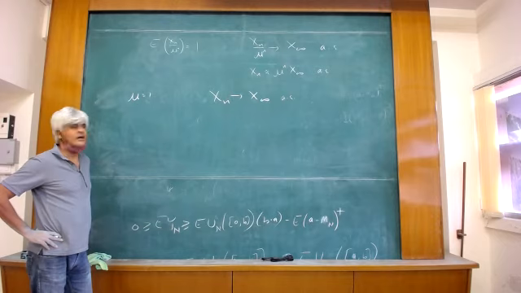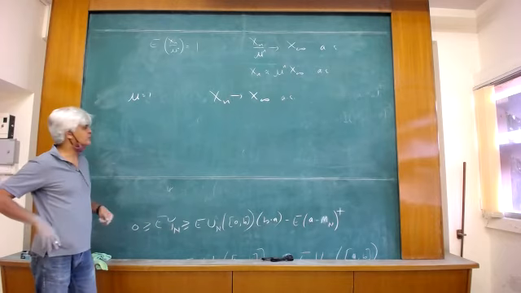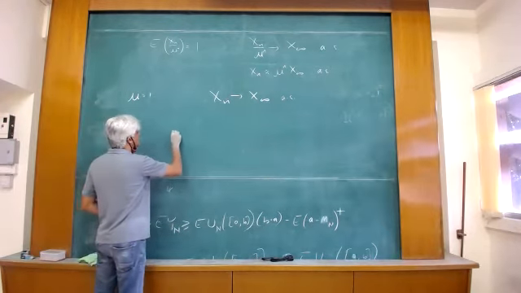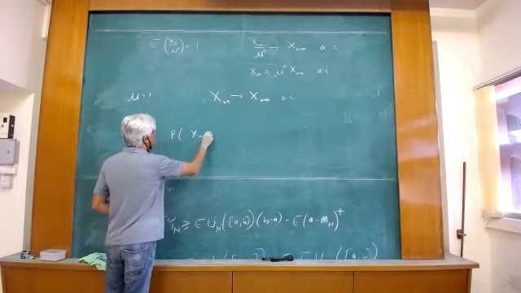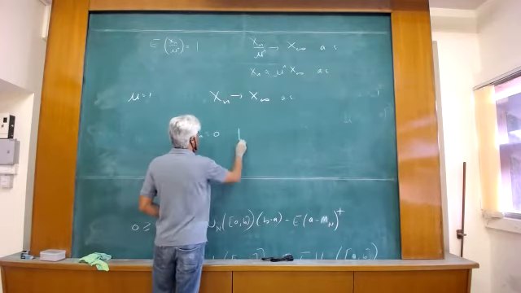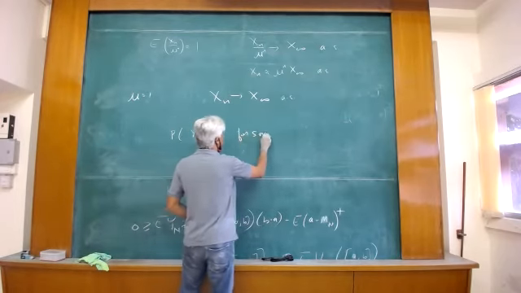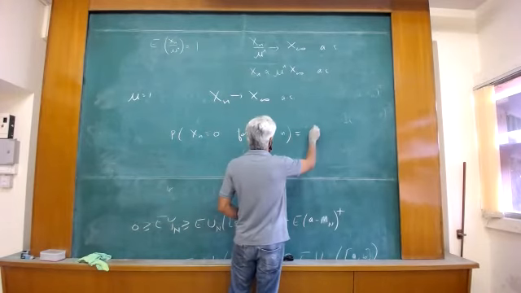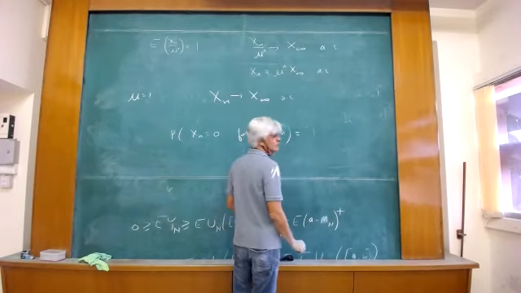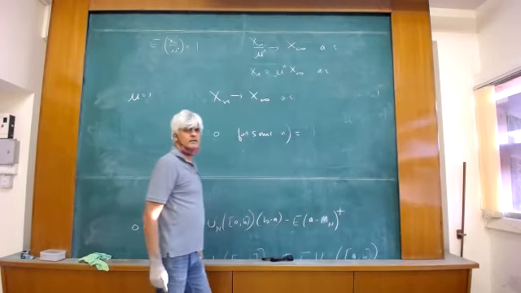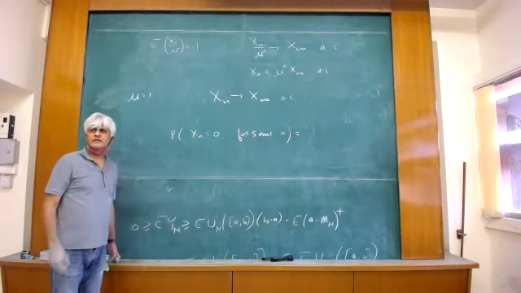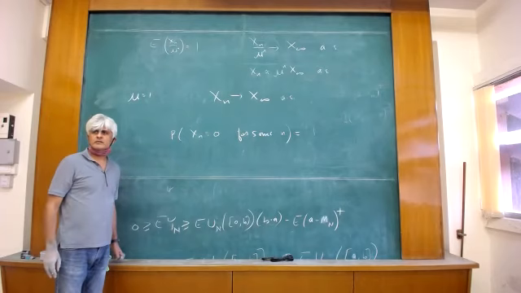Because if the population dies out, then the probability that Xn is equal to 0 for some n should be equal to 1. But that will mean that Xn is equal to 0 thereafter, and hence X infinity is equal to 0.